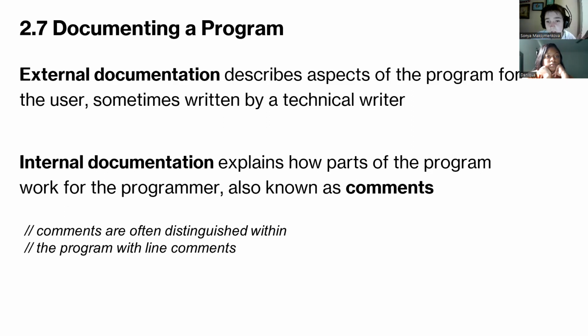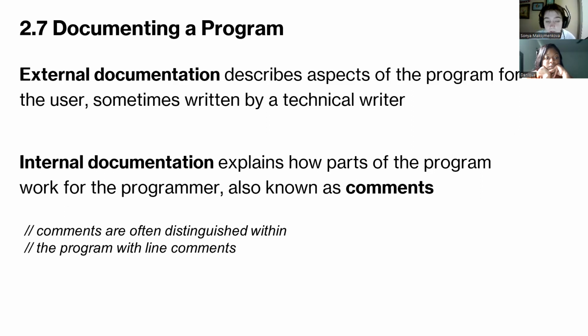So you're just going to describe it either in a document or in a manual type of thing. That's external documentation. And internal documentation is comments inside of your code. As you write your code, you're going to write some comments about what's going on, what you're doing, and what exactly the functions are doing. That's internal documentation.